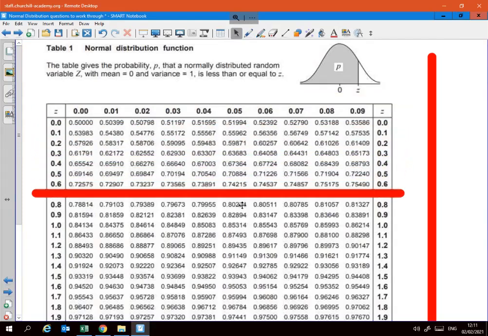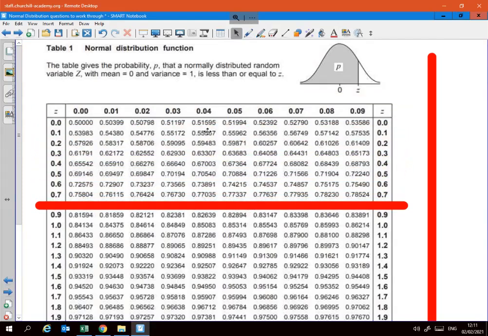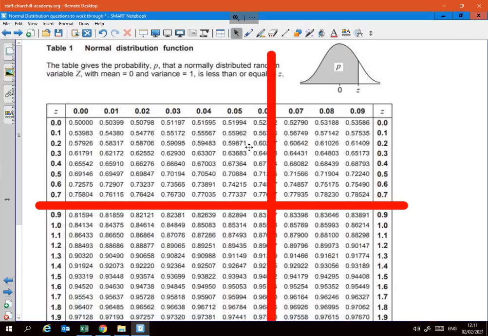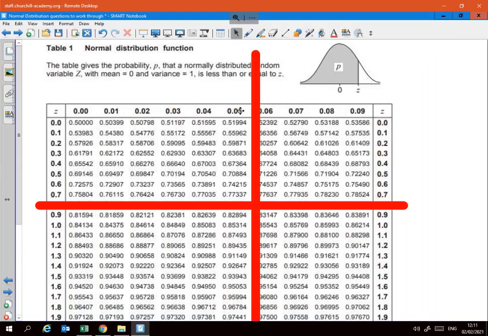So I want the 0.7, and my second decimal place should be a 5. So that's across the top. 0.05 with the 0.7 together makes 0.75. So this value here is the one I'm looking at, 0.77337. If you're going to use these tables, I recommend using 2 rulers.